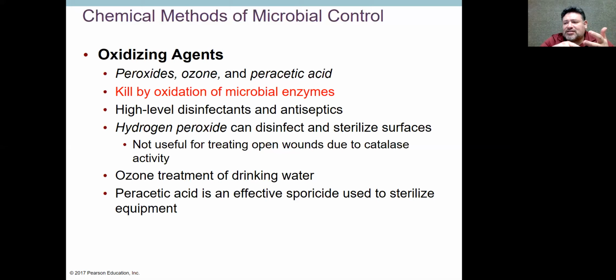So oxygen, peroxides, all of these provide toxic oxygen species that effectively kill obligate anaerobes. And this is a very desirable outcome, okay?